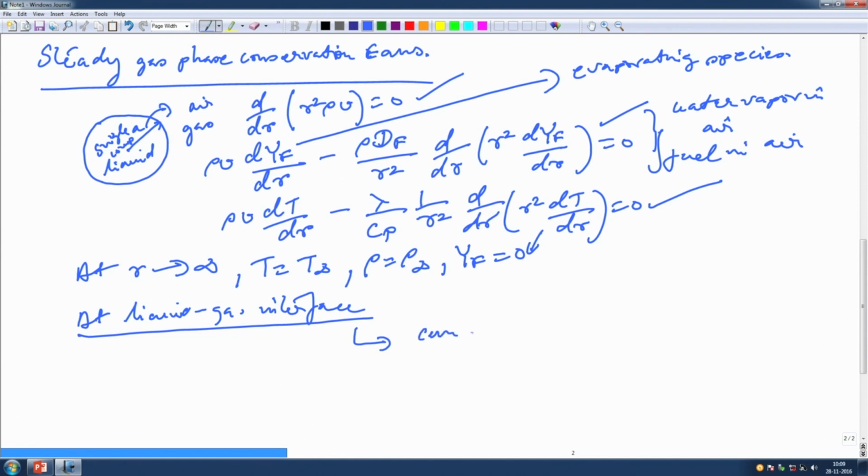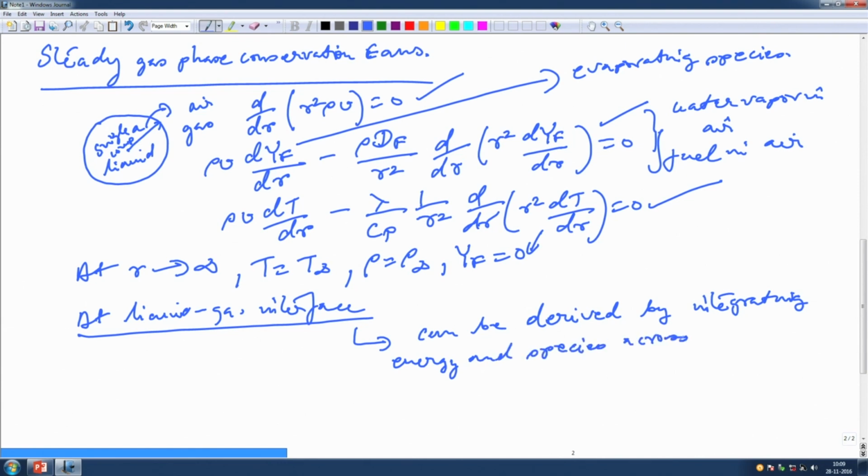It can be derived by integrating energy and species across r equal to a, that means across two sides of the interface, and we usually do it in terms of enthalpy.